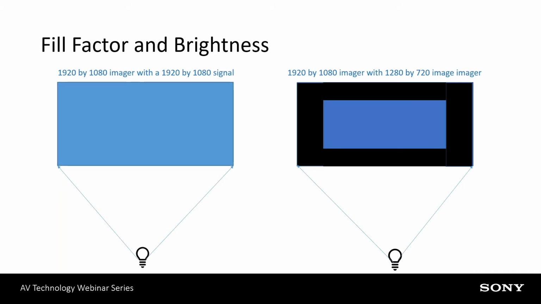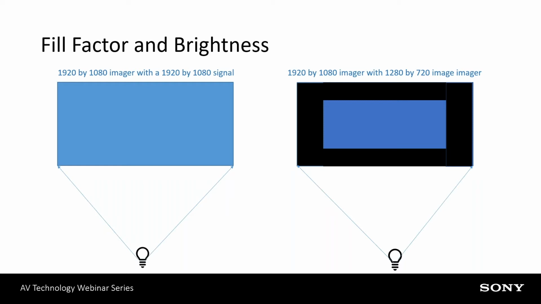If I have, in this case, a 1920 by 1080 projector, and I feed it a 1920 by 1080 signal, that number of pixels will fill the entire imager and I'll get probably the specified brightness.